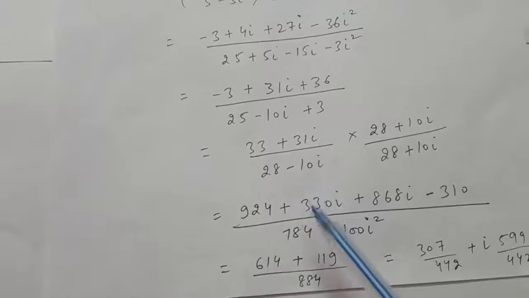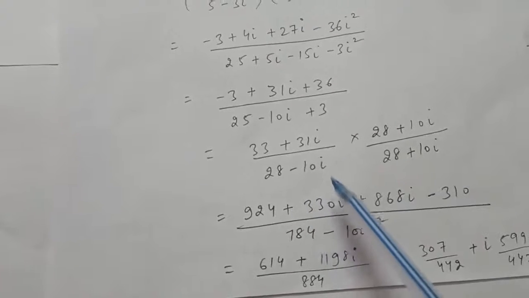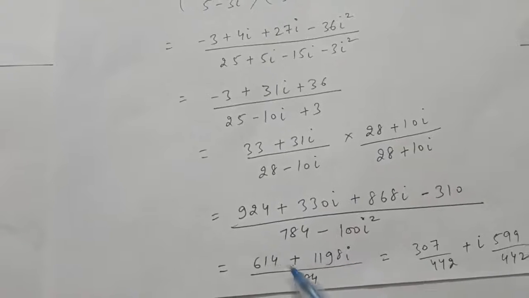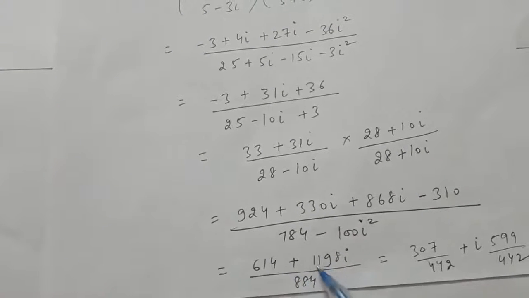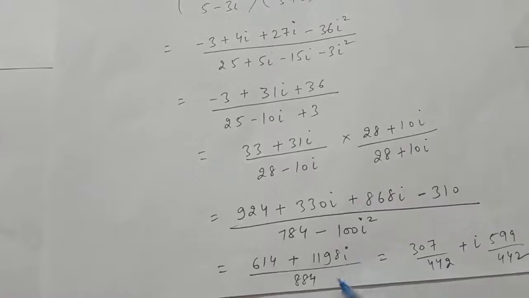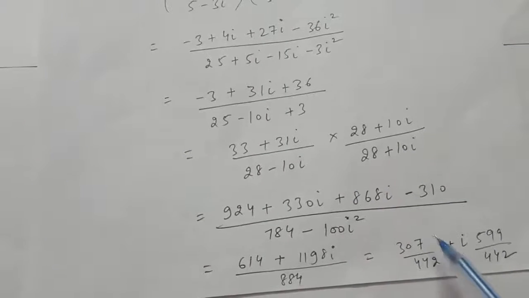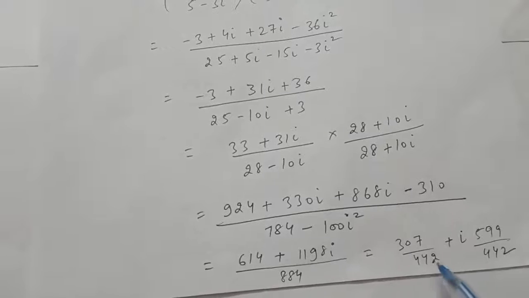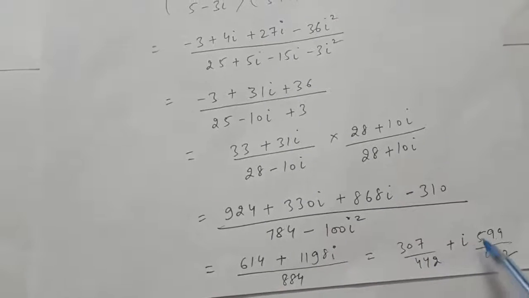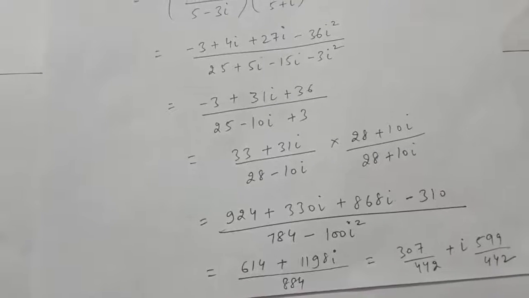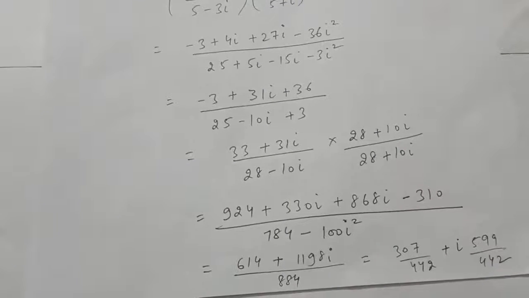So a square, which is 784, minus b square, which is 100 iota square. So you will get 614 plus 1198 iota upon 884. So the answer will be 307 upon 442 plus iota 599 upon 442. So this is the required a plus iota b form.